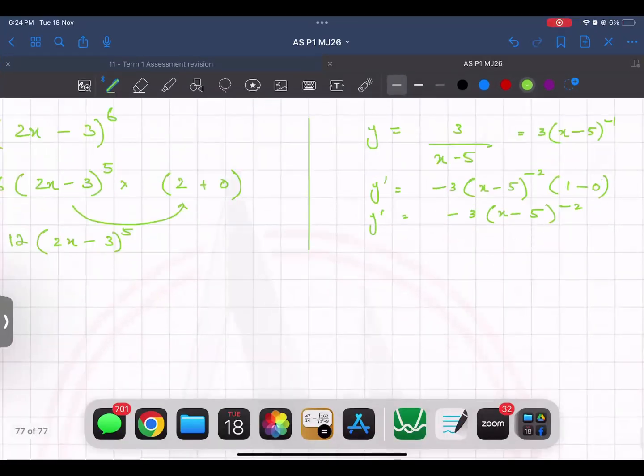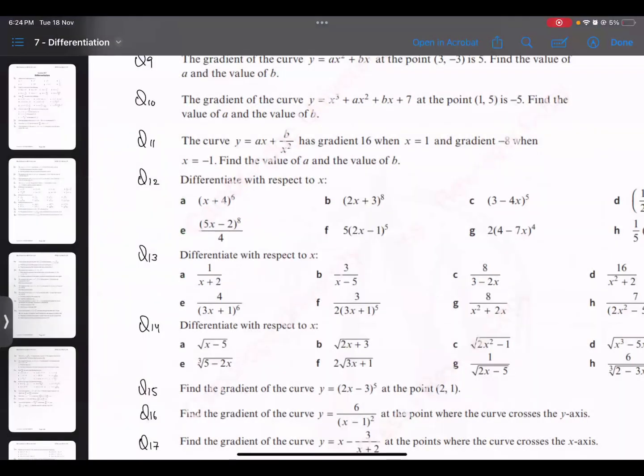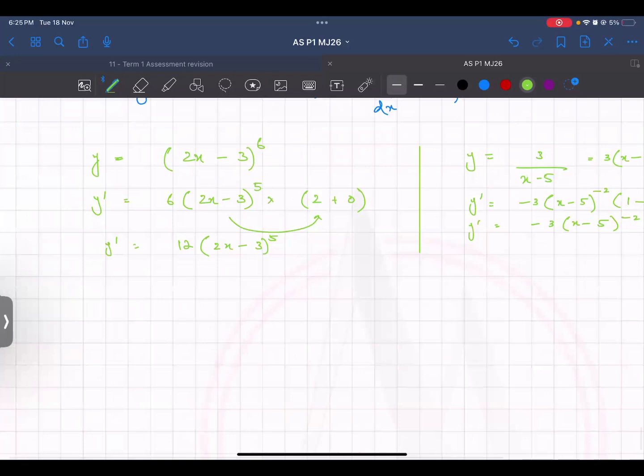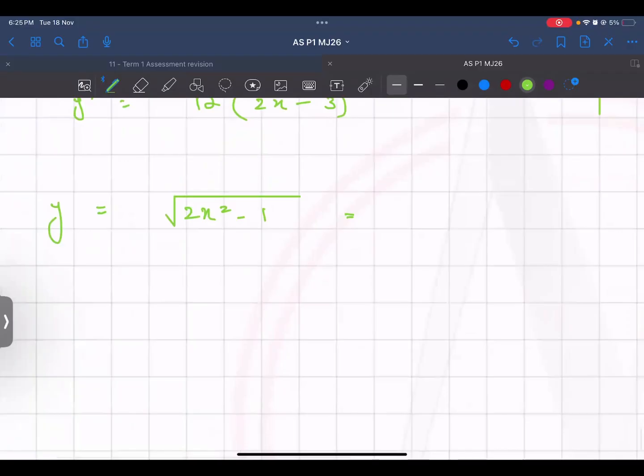Let's do one or two more examples. y equals under root 2x square minus 1. First simplify: 2x square minus 1 power half. Now differentiate.